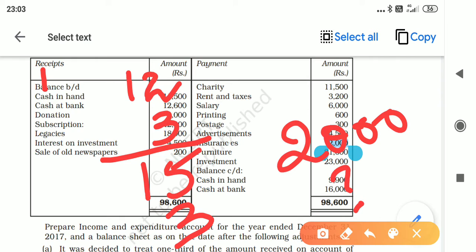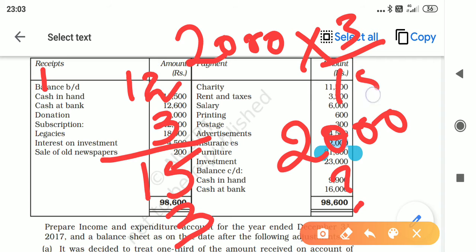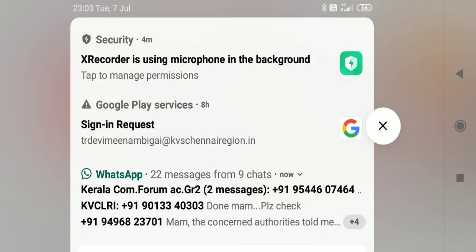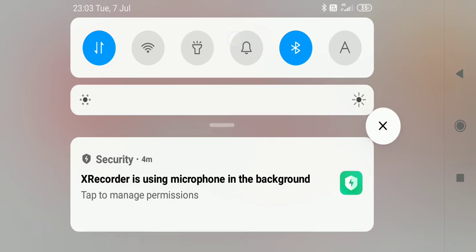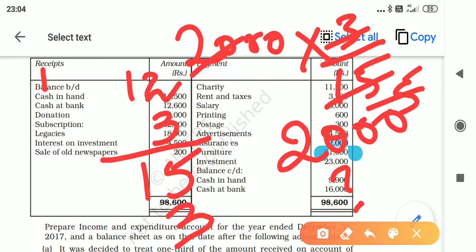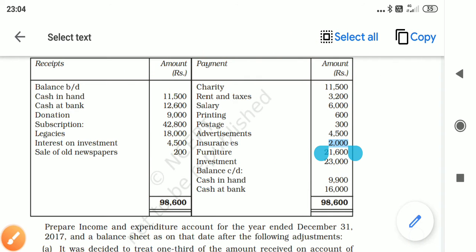So 2,000 into 3 divided by 15. 2,000 into 3 by 15. Sorry for that. 3 ones are 3, 3 fives are 15, 5 fours are 20. So that comes to 400 rupees. So 400 rupees is prepaid insurance.